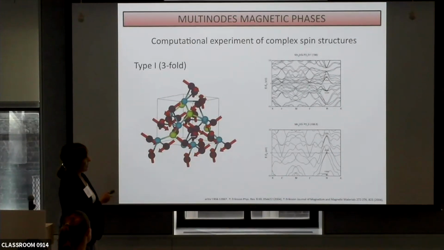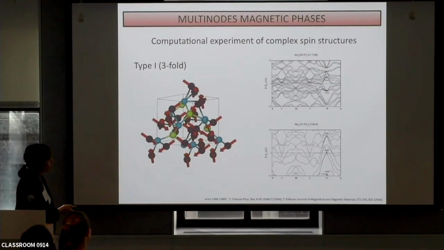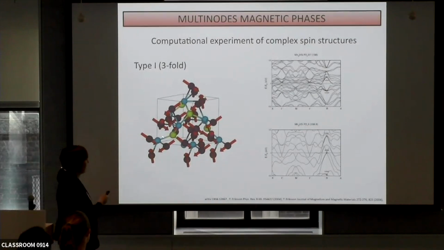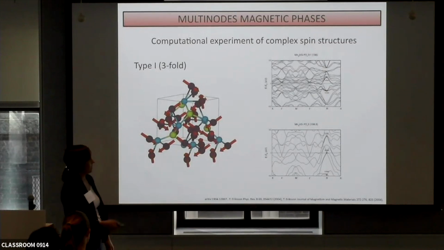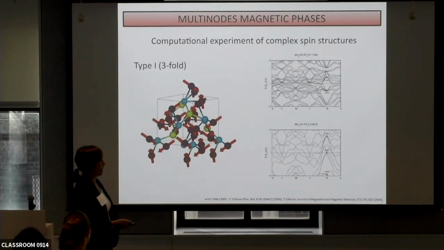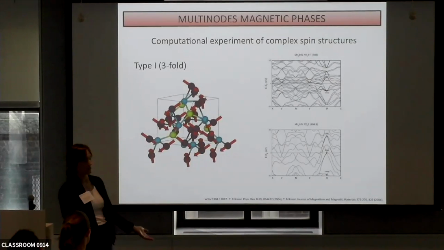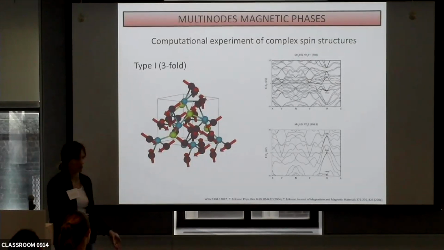When we let it magnetize in an antiferromagnetic phase, as here, what we find is that the manganese forms triangular antiferromagnetic networks bound to the silicon, and all of them form an antiferromagnetic structure. We calculated the band structure for U equals 3, and we found a 3-fold crossing at the Fermi level. This U equals 3 actually reproduced the magnetic moment that was measured.